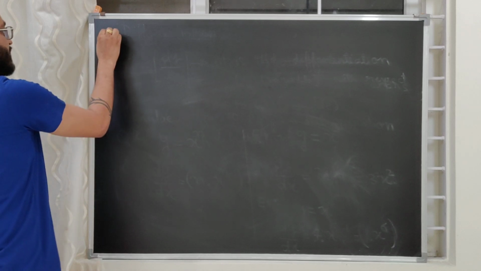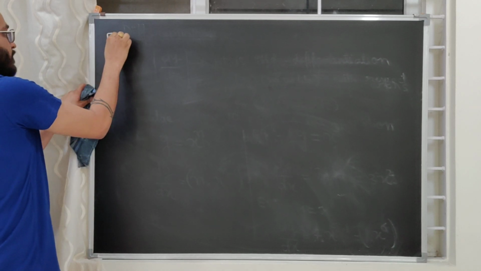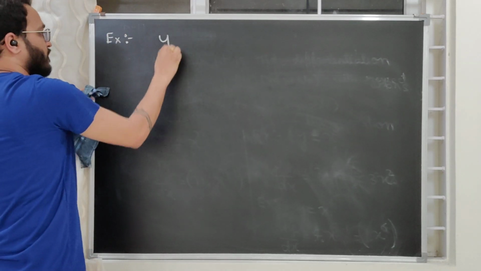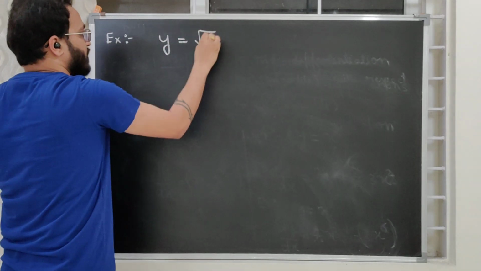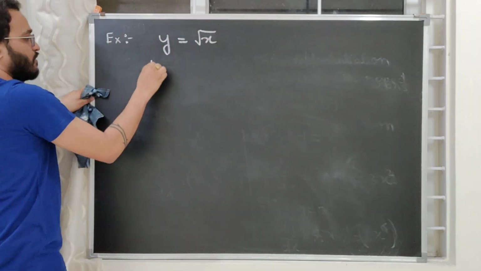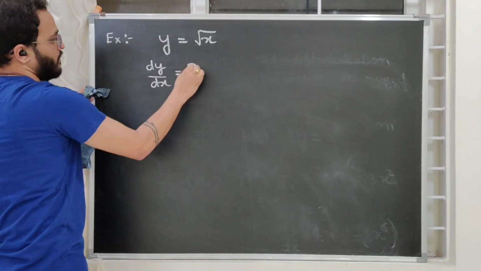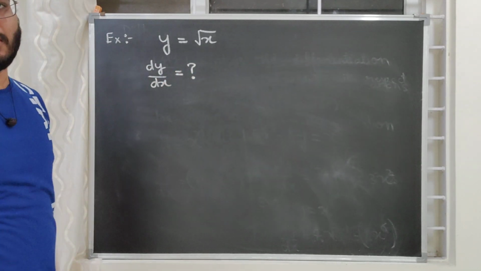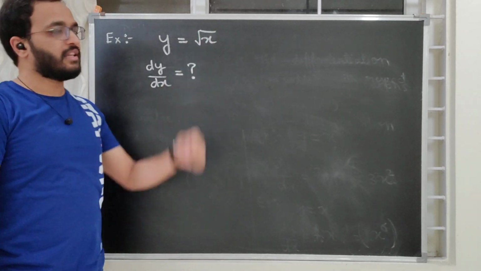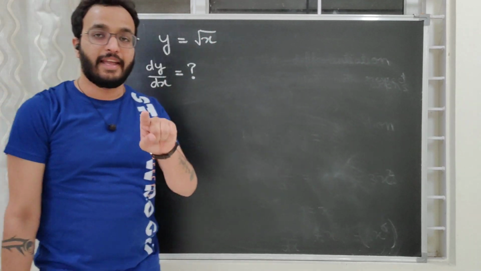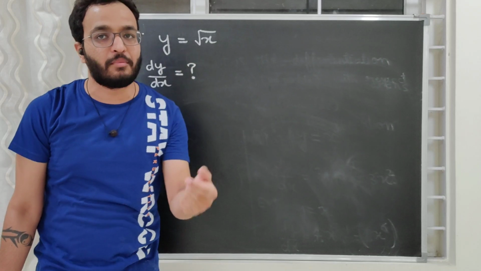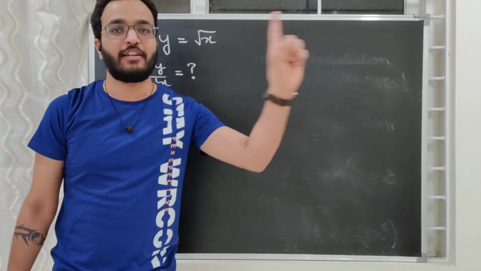Now let's take another example. Suppose y is given as root x and somebody asks you, what is the differentiation of y with respect to x? So you will say, sir, how can we apply the same formula? What is the formula? X to the power n, its differentiation will be n x to the power n minus 1.